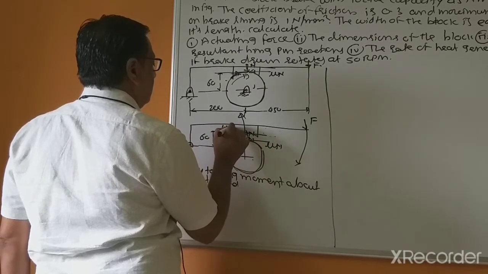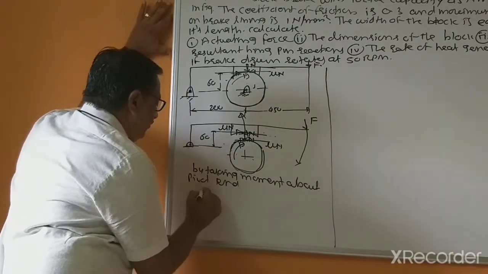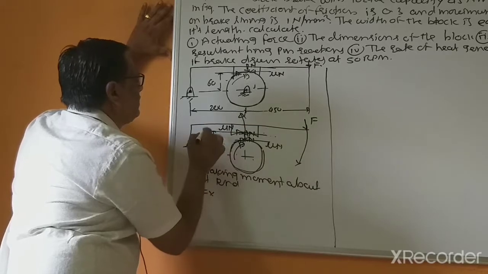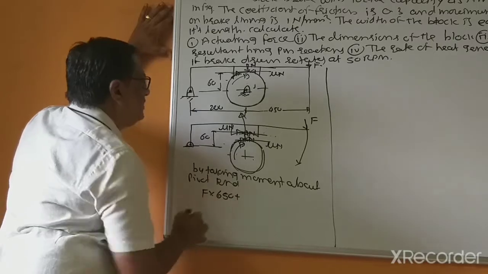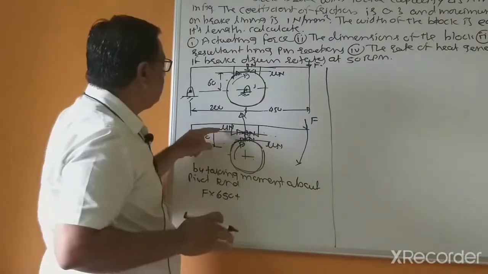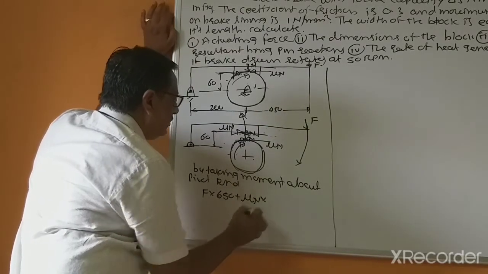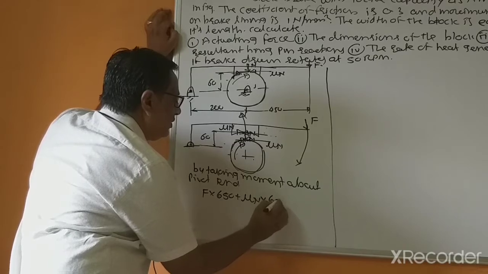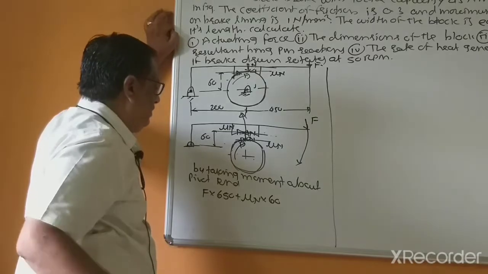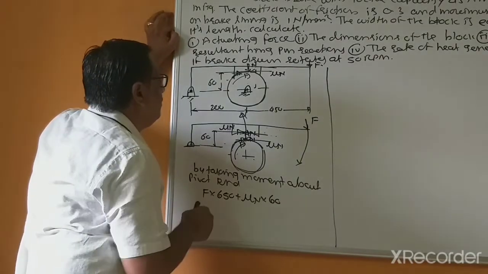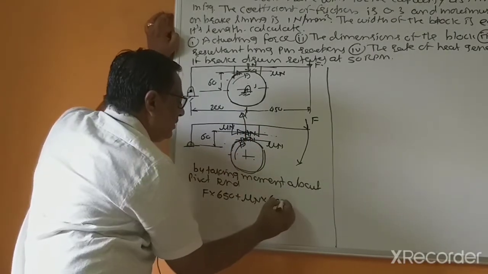Here F into distance 200 plus 450, that is 650, plus mu N into 60, which is also clockwise, and the anti-clockwise moment is N into 200.